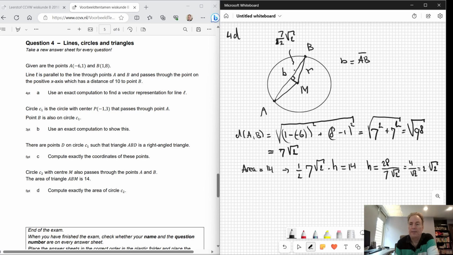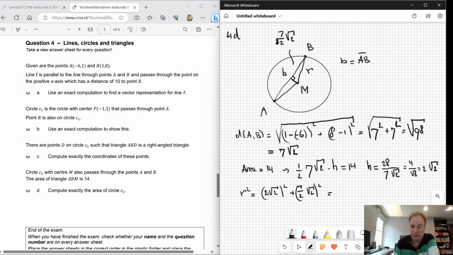So I can use Pythagoras to say that r squared has to be the height squared, so 2 square root of 2 squared, plus 7 over 2 square root of 2 squared.